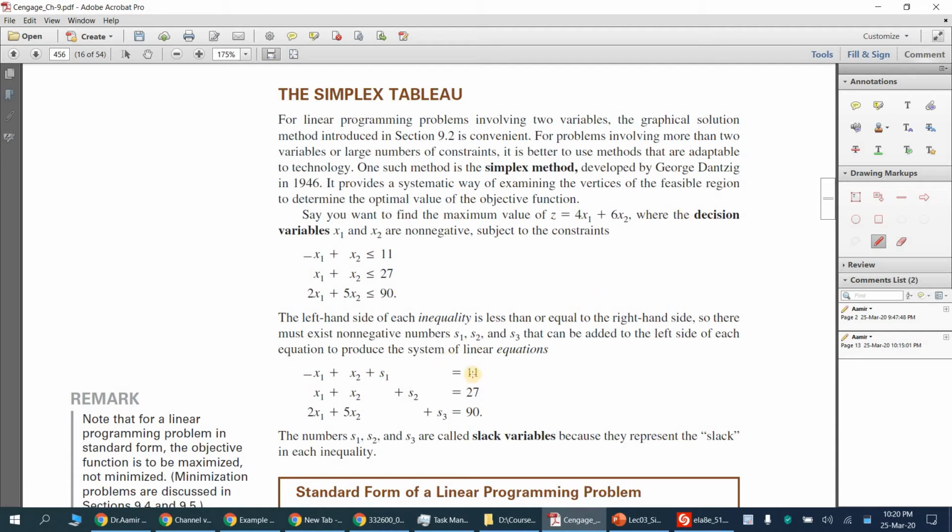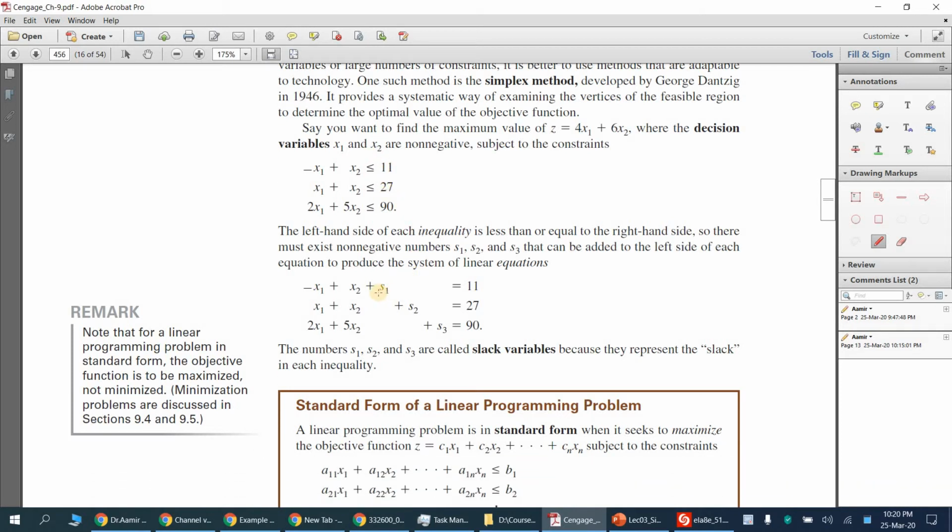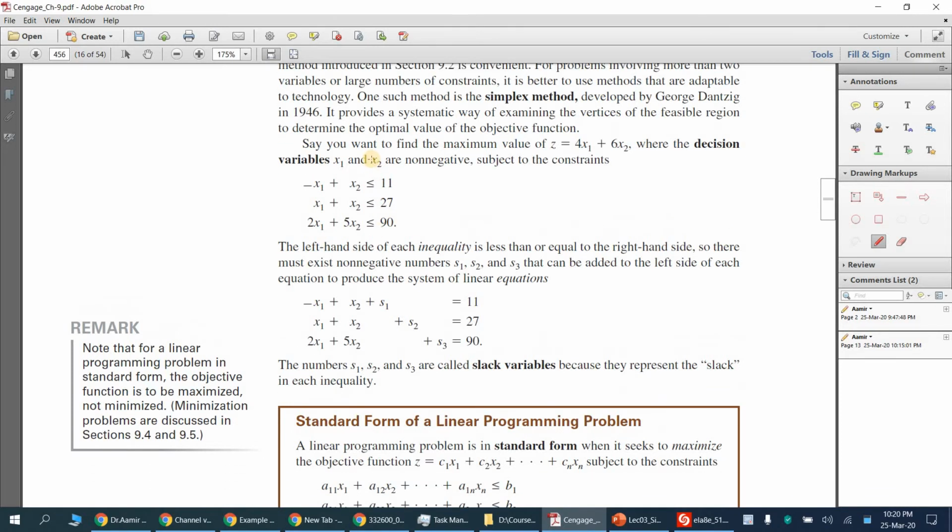When you convert inequalities into equations, you add some extra variables. Depending on the type of the linear inequality, you will add different types of variables. For example, if it is less than or equal to, listen carefully to this point.